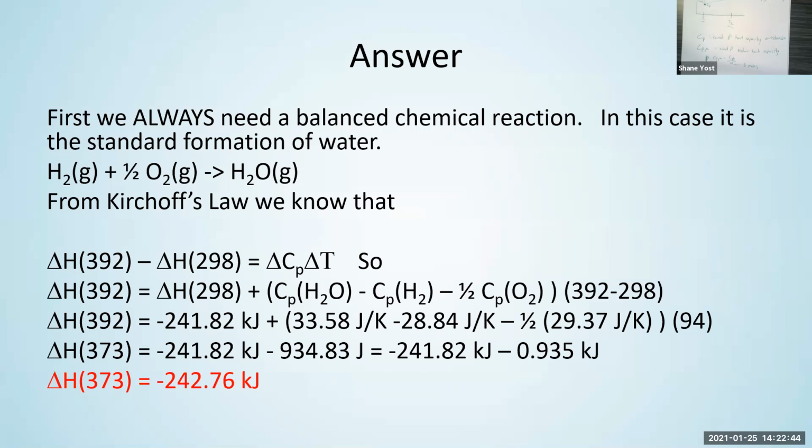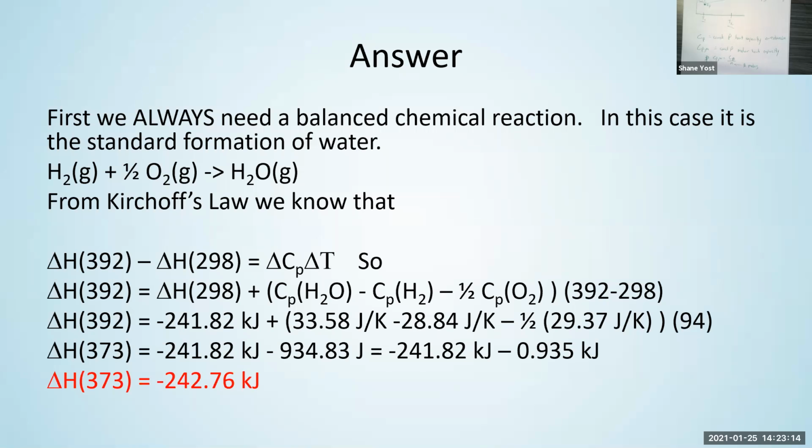Because if somehow the reaction enthalpy for this reaction was around 1 kilojoule to start off with, then a 1 kilojoule change would be a 100% change in the reaction enthalpy. But in this case, going from 241 to 242, it is a 0.5% change. So not a very large change in the total enthalpy of the reaction.